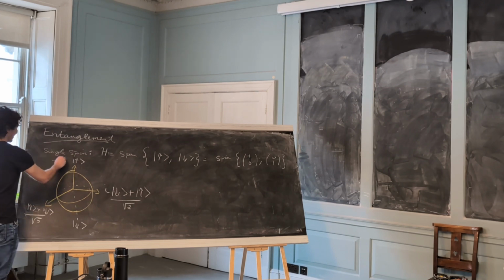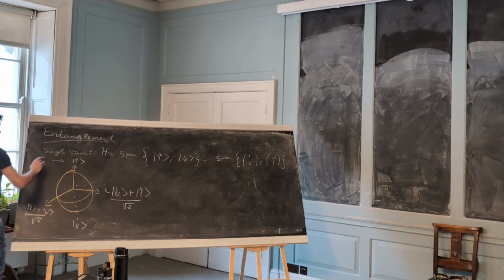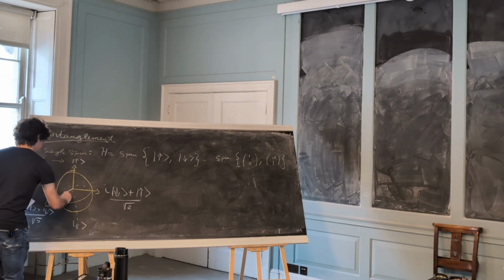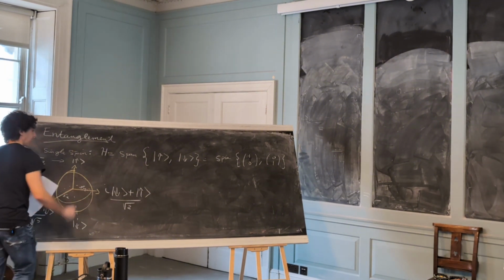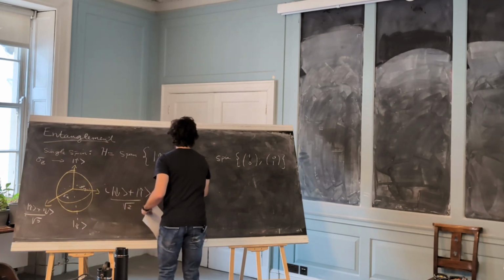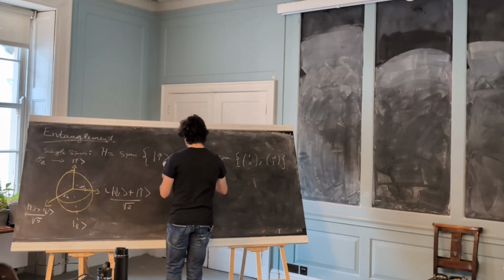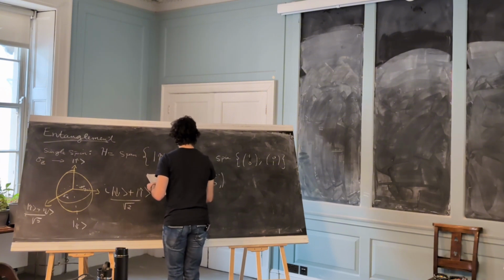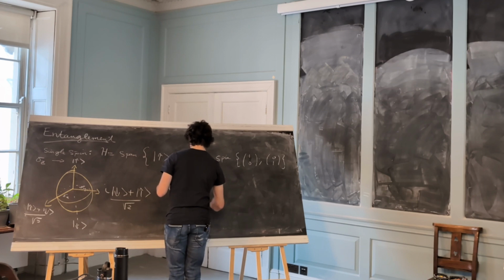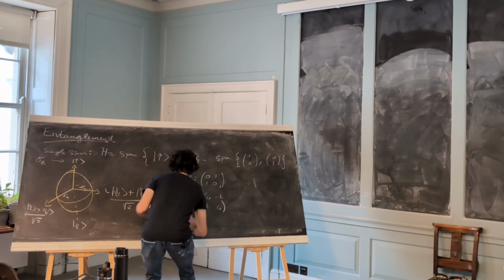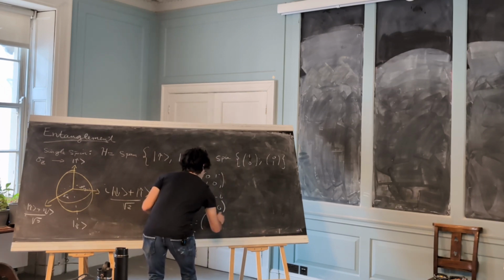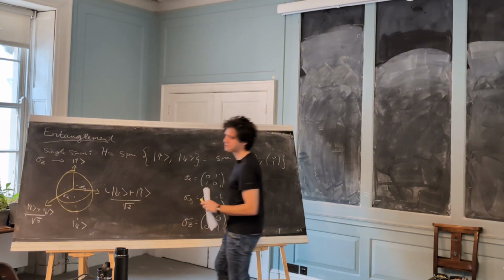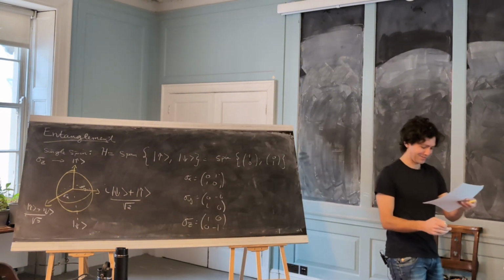I just meant that this guy is an eigenvalue of sigma z. This guy is an eigenvalue of sigma x. And this guy is an eigenvalue of sigma y, where sigma x is 0, 1, 1, 0. Sigma y is 0, minus i, i, 0. And sigma z is 1, 0, 0, minus 1. Very simple.